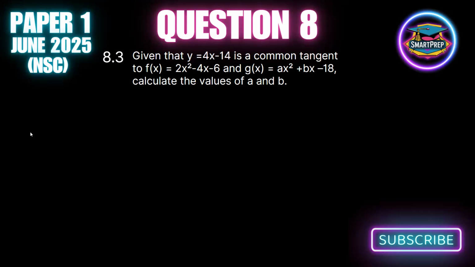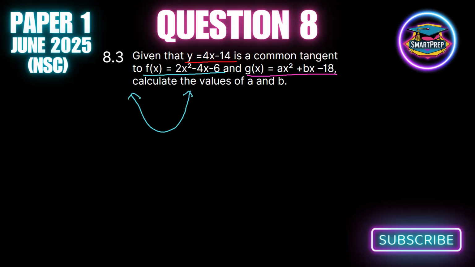Okay, so let's read through the question. Given that y equals 4x minus 14 is a common tangent to f of x equals 2x squared minus 4x minus 6, and g of x is equal to ax squared plus bx minus 18, calculate the values of a and b. So what I'm going to do is just illustrate what's going on and why there is an issue before we solve.